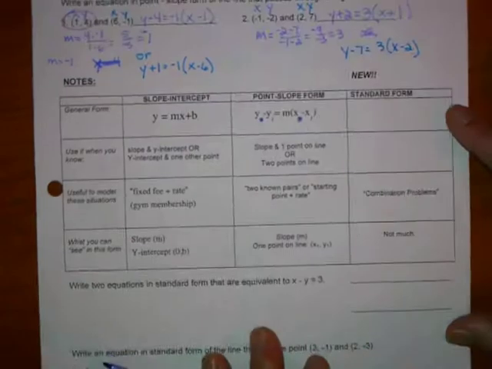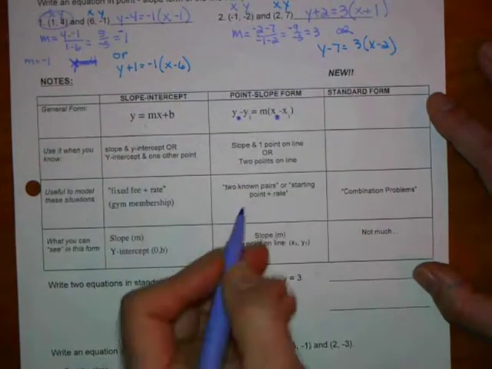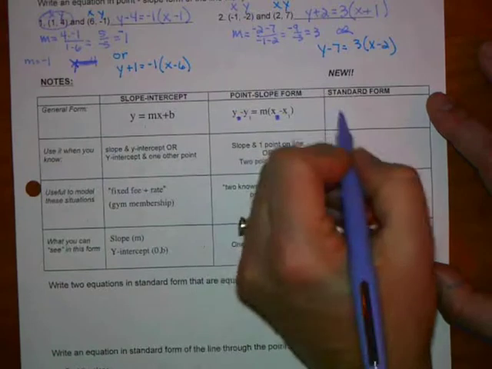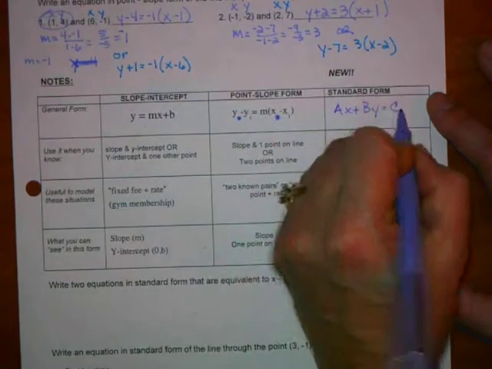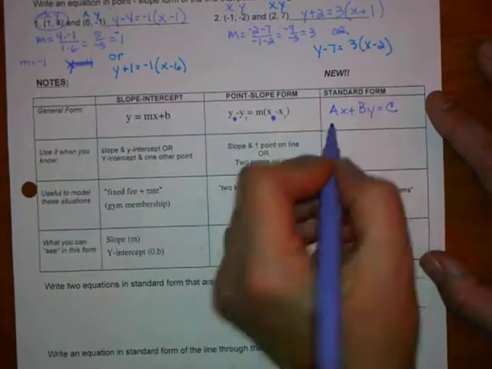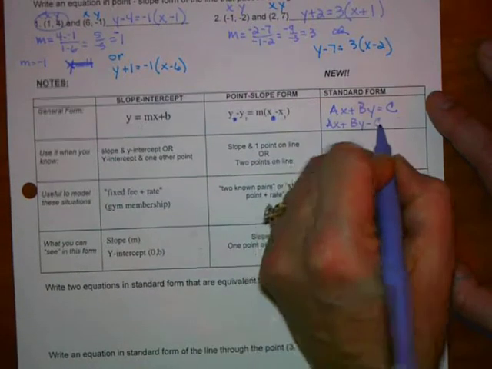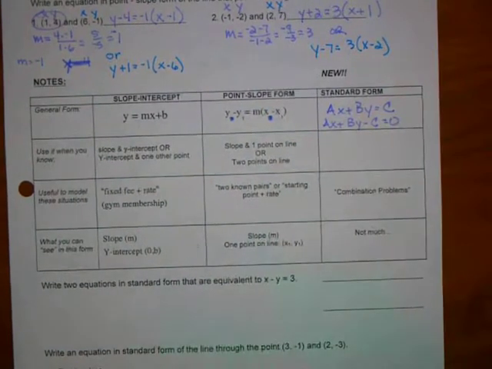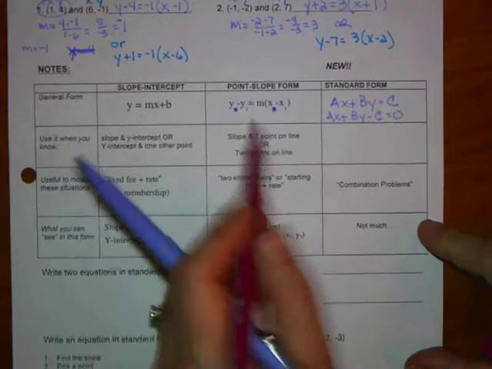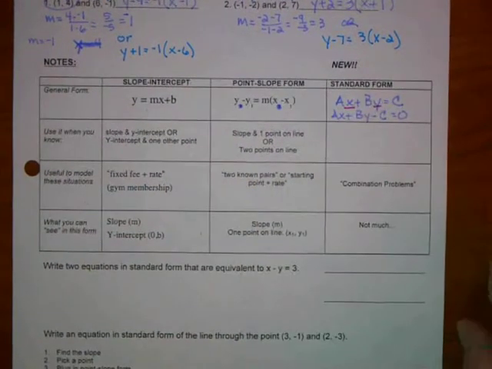All right, the last form we're going to do here is standard form. So this is what it looks like in general terms. It's ax plus by equals c. Or you might see it like this. But I want you to notice that what's different in this form than the other forms is that x and y are on the same side of the equal sign.